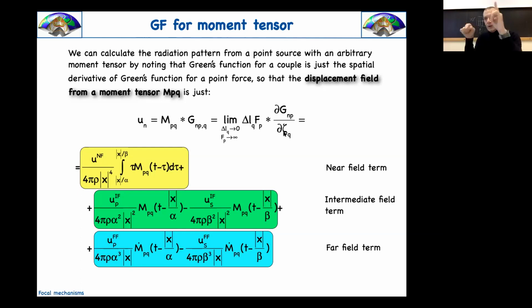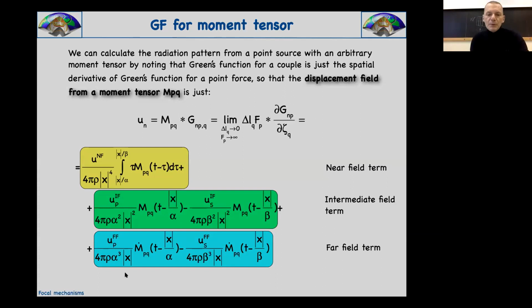And that's why in the pure Green's function, just one force, there is no time derivative. If a singer is singing, what you're listening to at the place where you're putting your receiver is the singer. But if you compute the spatial derivative, you're going to listen to the time derivative of the song.